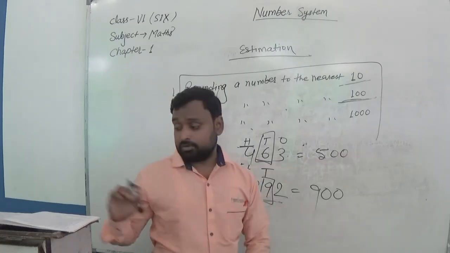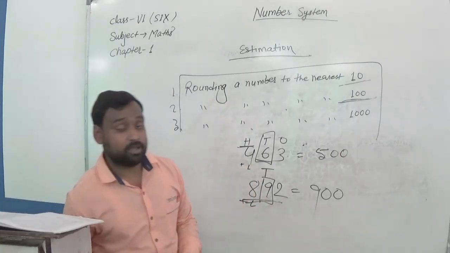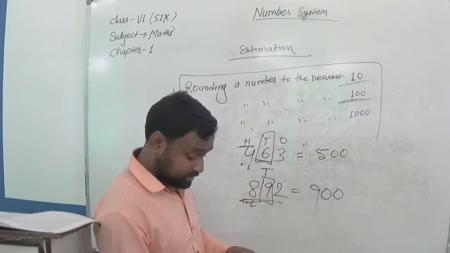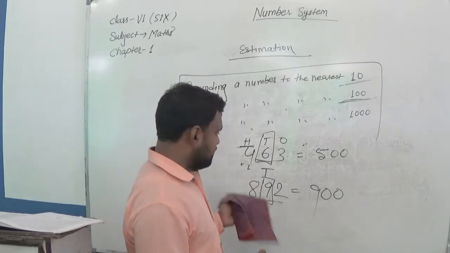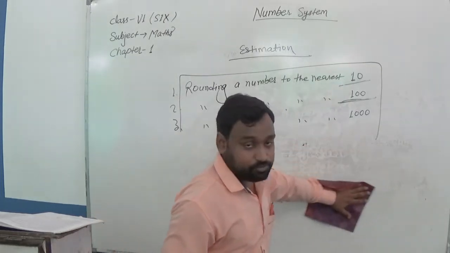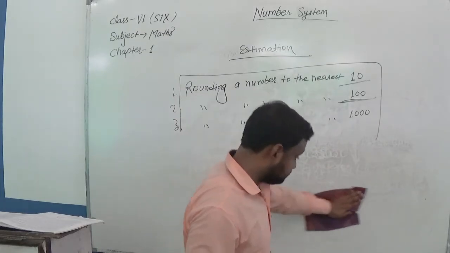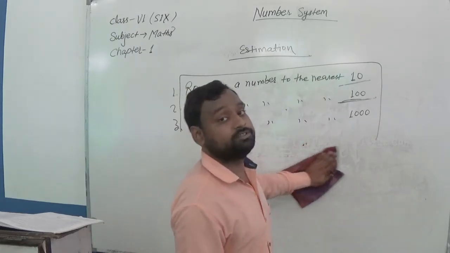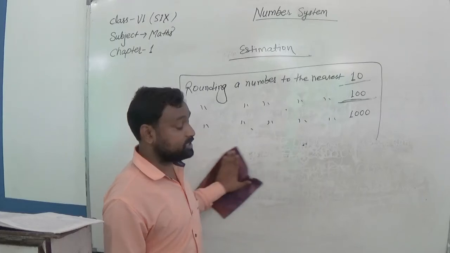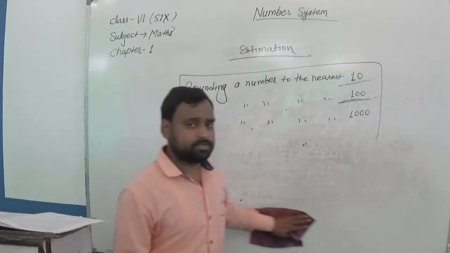Okay. Now, how to round off a number to the nearest thousand. Nothing extra. We have to focus on the digit at the hundreds place.